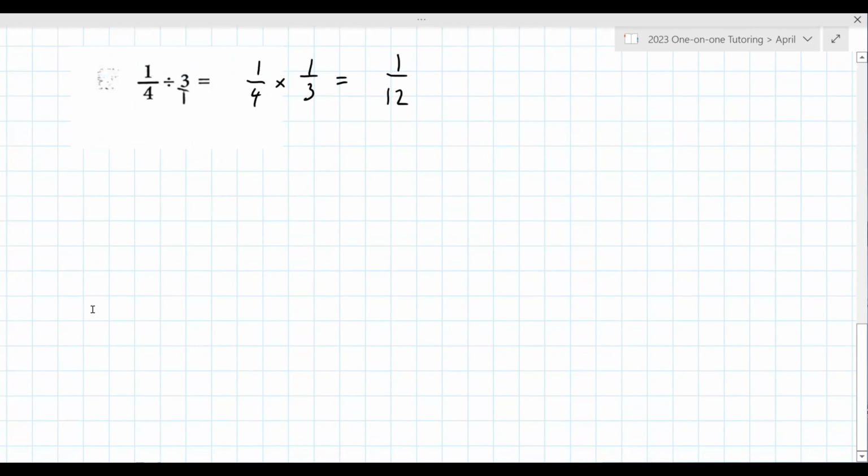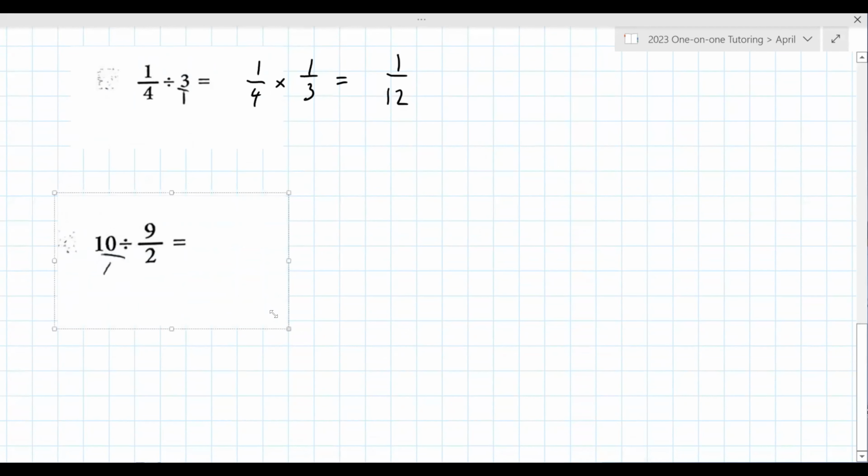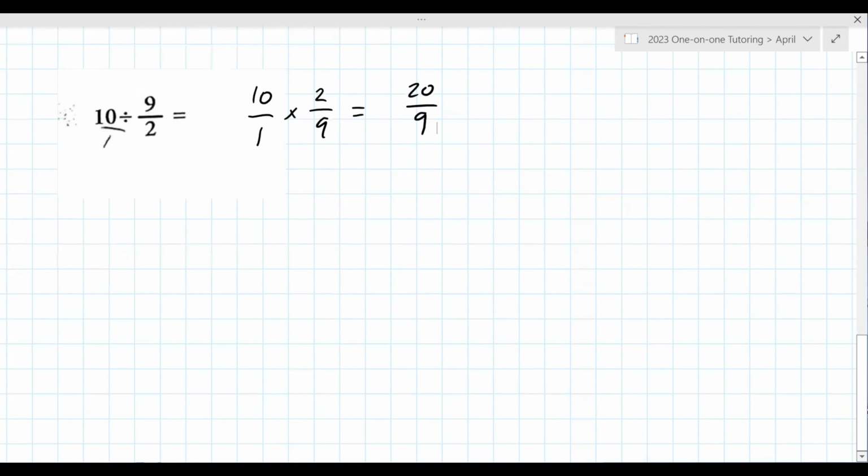Okay, next one is 10 over 1 times 2/9. 20/9, I guess. And then that would be reduced to 2 and 2/9.